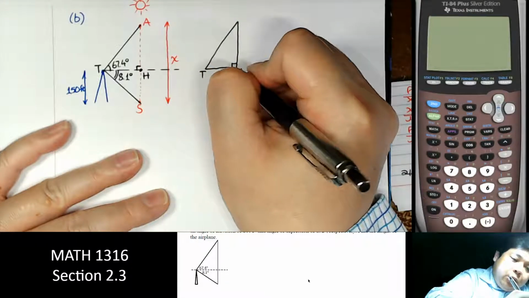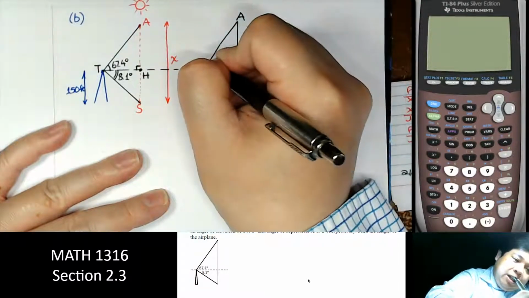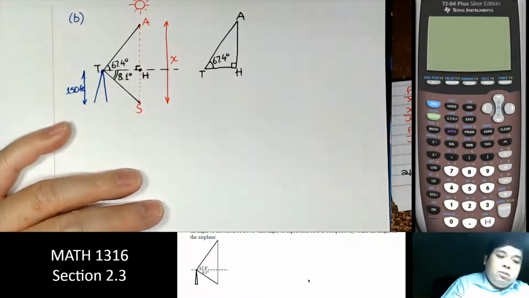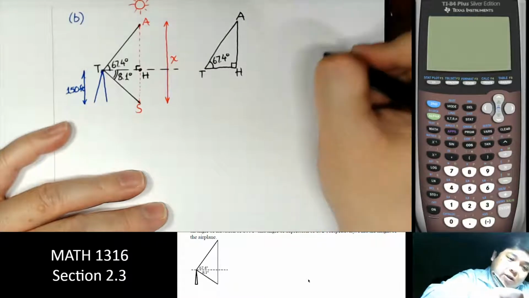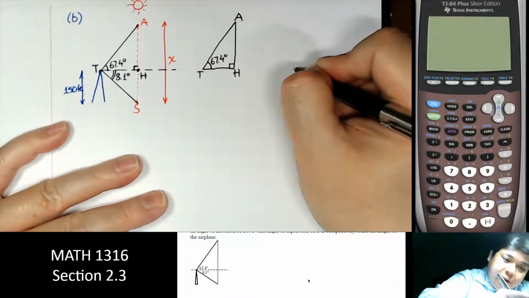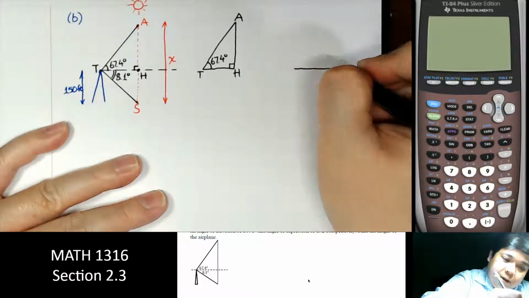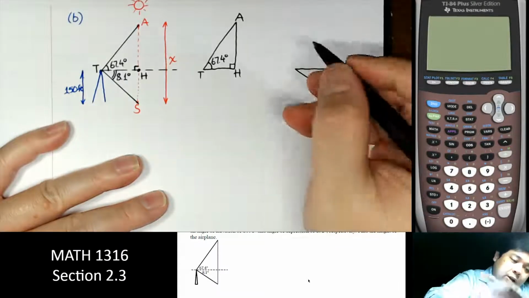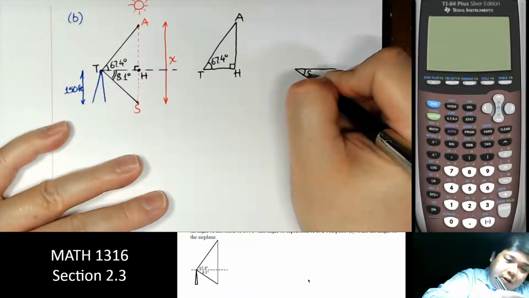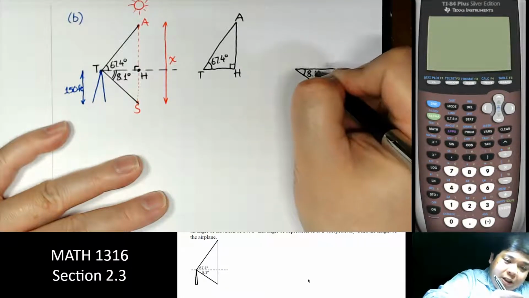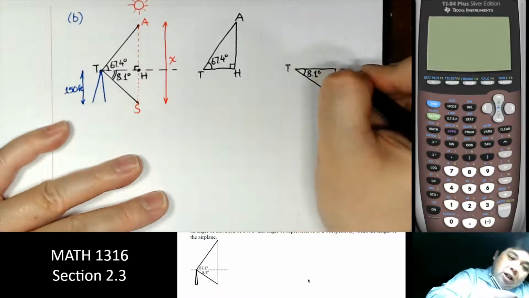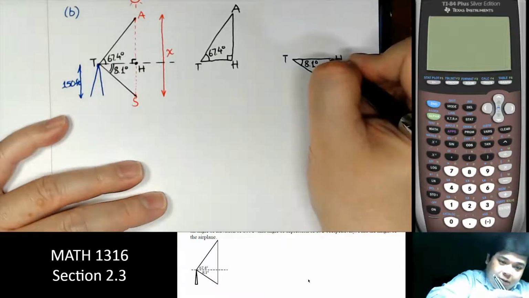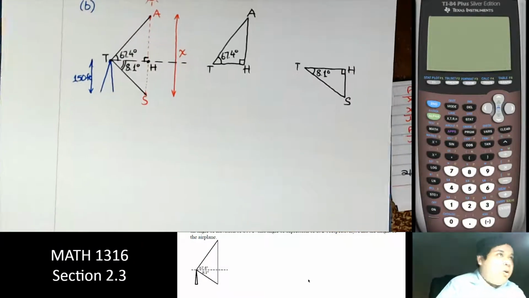T, H, and then A, with 67.4 degrees, and then we have this triangle, 8.1 degrees, T, H, and S. Alright, so those are the angles and the triangles that we have.